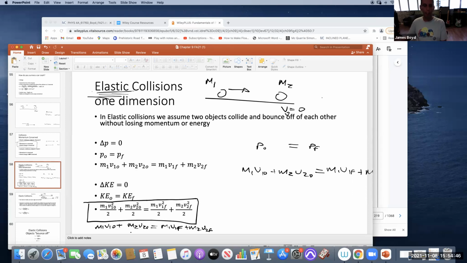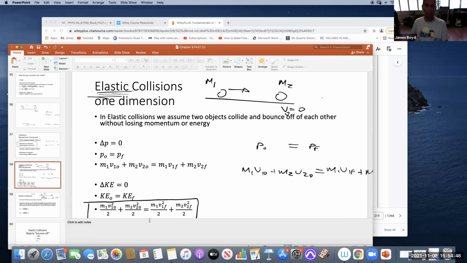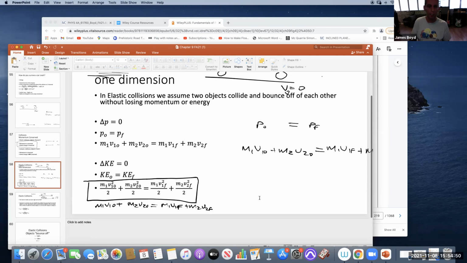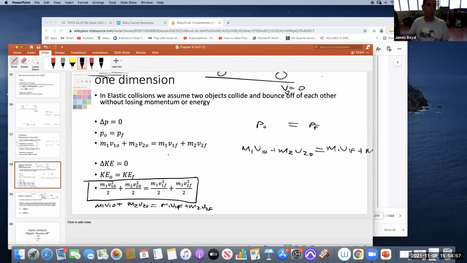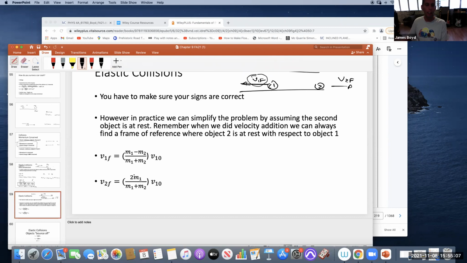By realizing that v2 initial is 0, and doing a lot of algebra, you can actually come up with these two equations. And these are the two equations you need for elastic collisions.